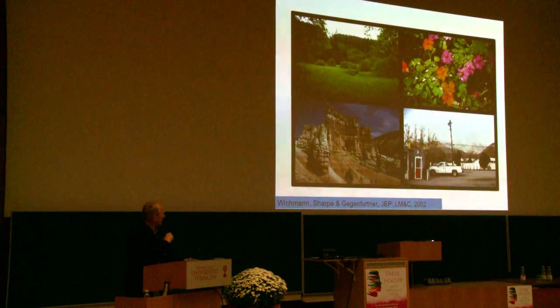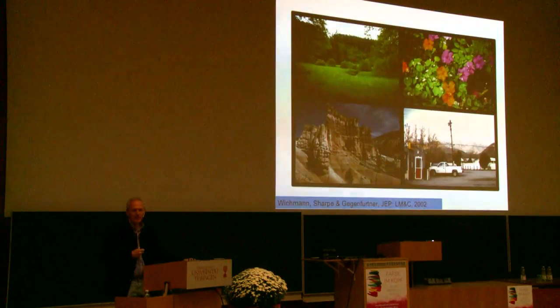These were actually done here in Tübingen together with Felix Wichmann and Ted Sharp. And we did the simplest experiment that you could possibly think of. We just took a set of about 50 images and presented them to our observers one by one. Every 5 seconds, one image, and they were shown for various durations.